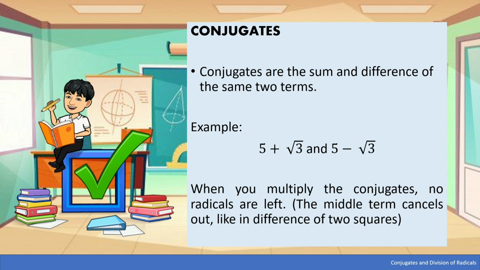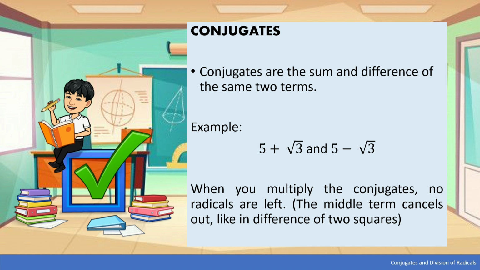This pair of factors, with the second factor differing only in the sign in the middle, is very important. In fact, it has its own name. We call them conjugates. Conjugates are the sum and difference of the same two terms.